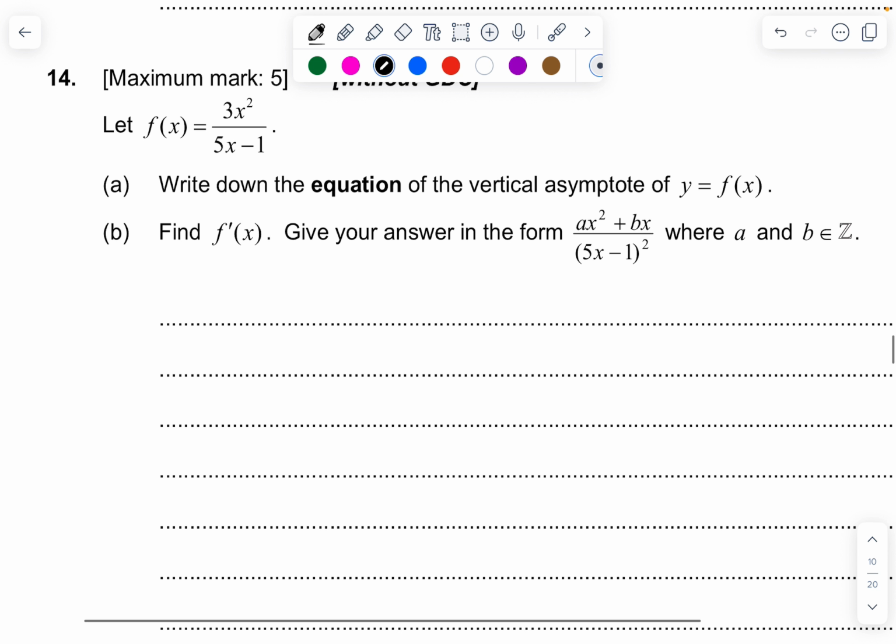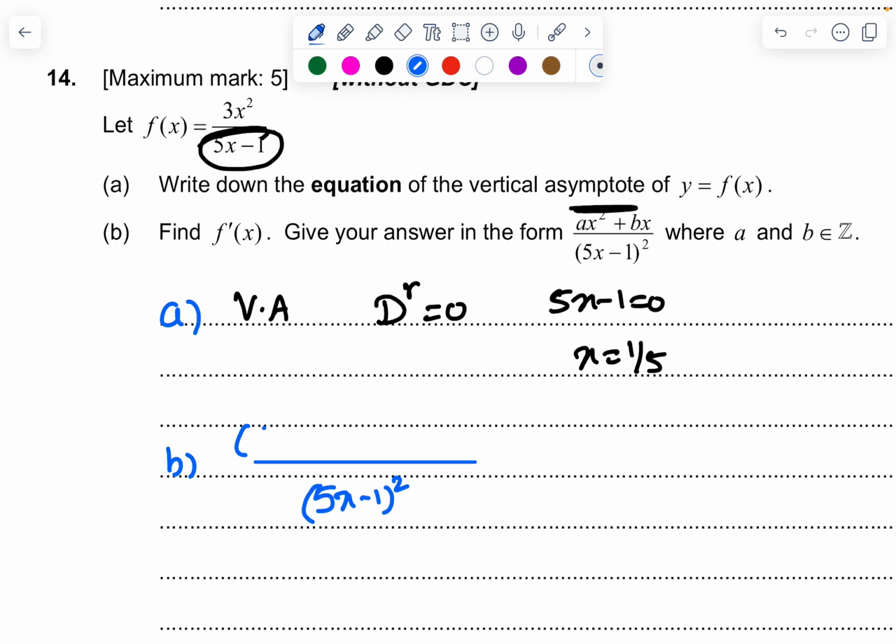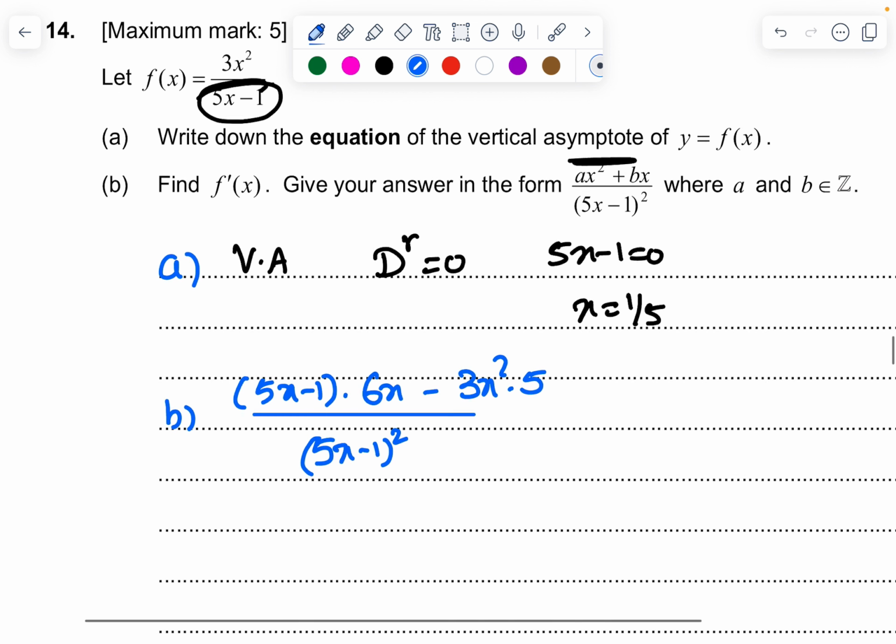Question number 14. F of x is given. Write down the equation of the vertical asymptote. Vertical asymptote is always going to be denominator equals 0. So 5x minus 1 equals 0, x equals 1 upon 5. Find f prime x. So which is going to be 5x minus 1 whole square in the denominator, 5x minus 1 times 6x minus 3x square, 5x minus 1 derivative is 5.